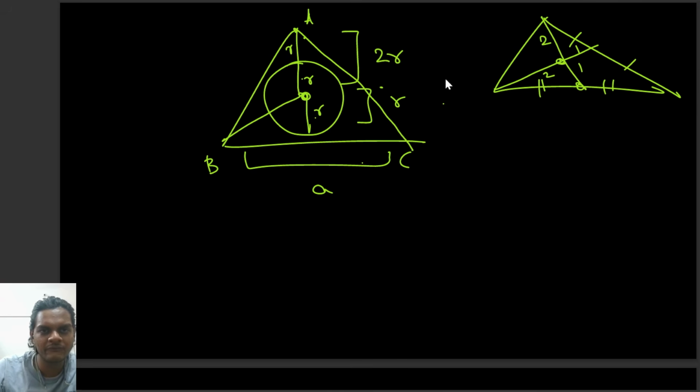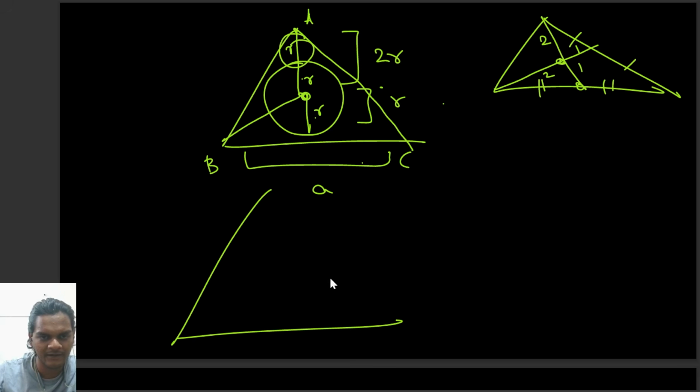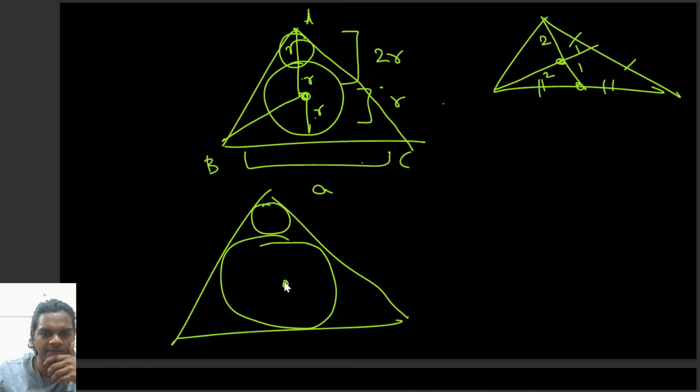So if I am to draw another circle here, let me try to make it a bit bigger. One circle is here, another circle is here. If the radius here is R, for this small triangle, everything is half, right? So this radius happens to be R by 2, right?